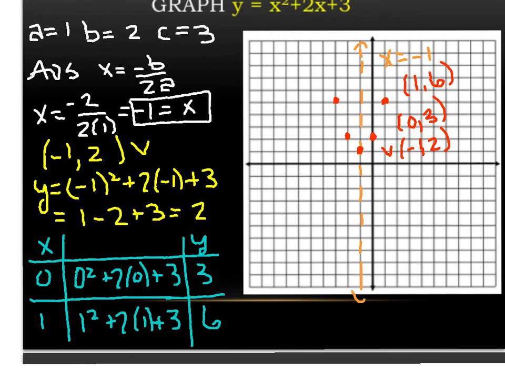I'm going to go ahead and draw the parabola. Label my X and Y axes. Need to label these guys also, so that's going to be (-2, 3). That's going to be (-3, 6). Notice how they have the same Y coordinate. And that looks like I'm done.